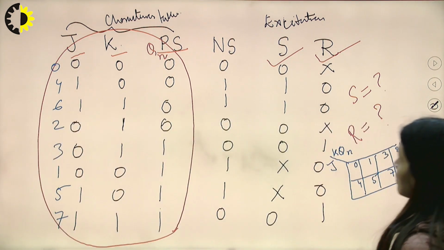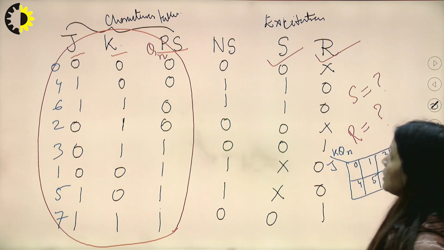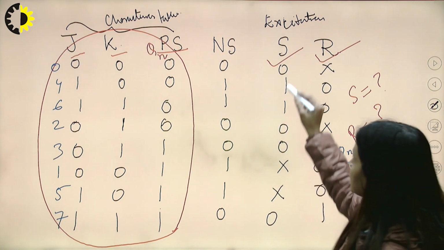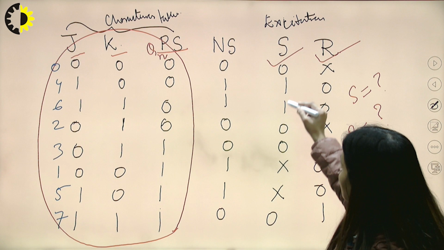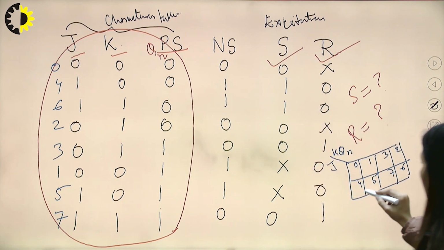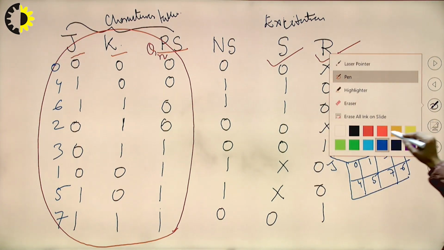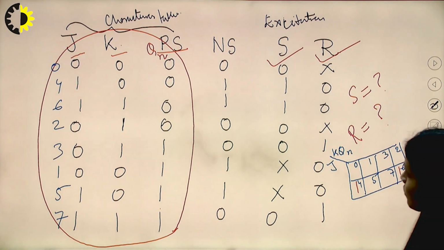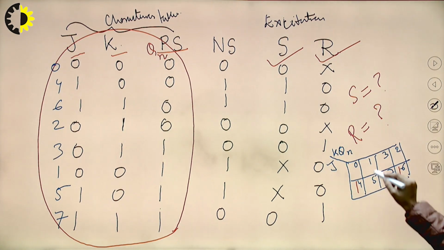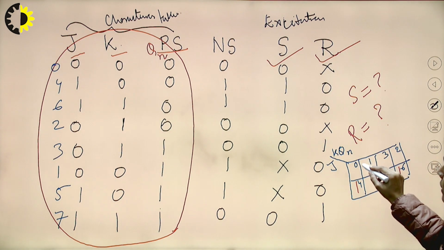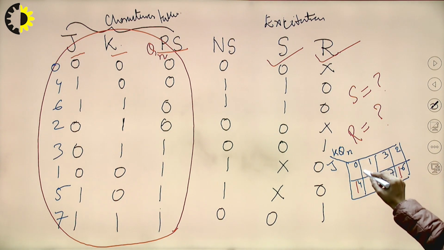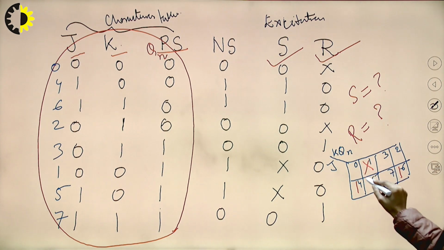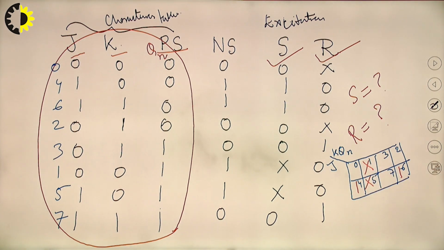So be very careful while making the K map, because at 4 and 6 I am getting 1, 1. For 4 and 6 I am having 1, and more crosses for 1 and 5. So here I am getting 2 crosses like this.